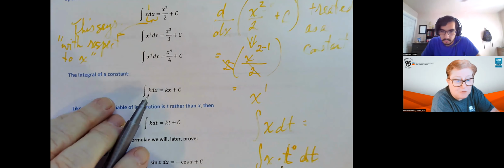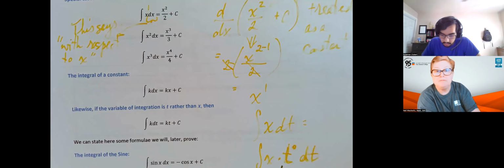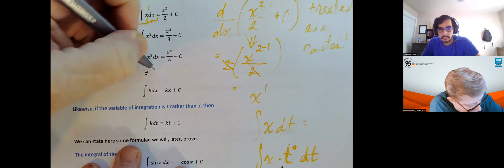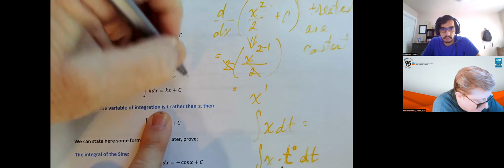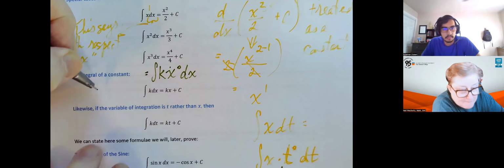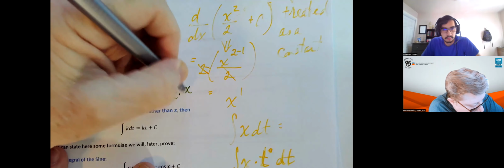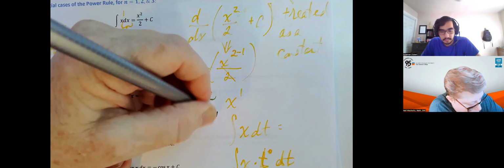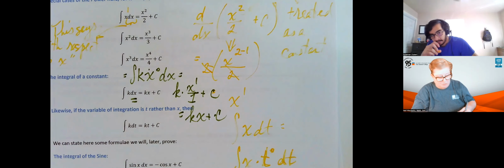If we're taking the integral of some constant with respect to x, that is equal to the integral of that constant times the variable to the 0 power dx. And that is equal to the constant times x to the first power over 1 plus c, which is just k times x plus c, where the x comes from the dx. That tells us what the variable will be.